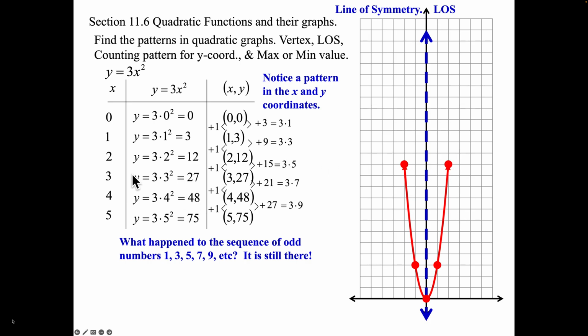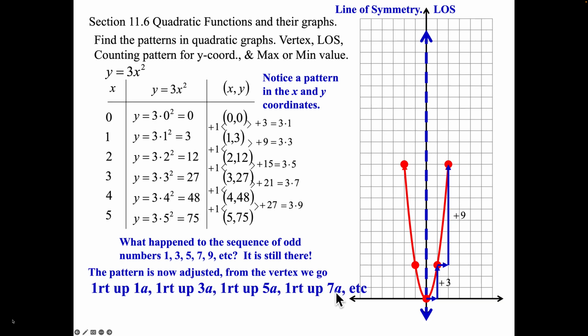So if I had to graph this the first time, without even making a table, I would say, okay, there's my origin, 0, 0. That's my vertex starting point, plot it. Then I look at this 3 and go, okay, 3 times 1 is 3. So 1 to the right, always 1 to the right, up 3. Plot that point. Then my next odd number is 3 multiplied by 3. That's 9. 1 to the right, up 9. Flip it over the axis or line of symmetry, and I have my graph.